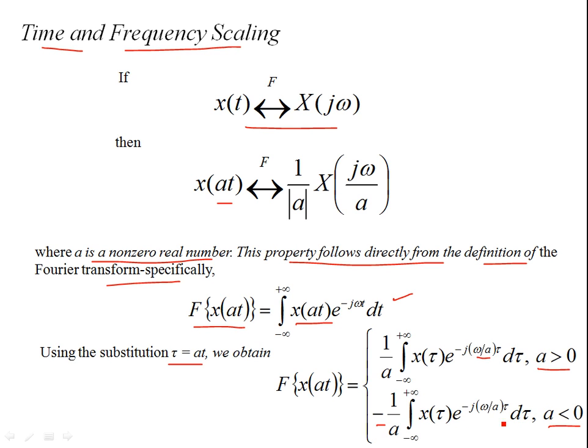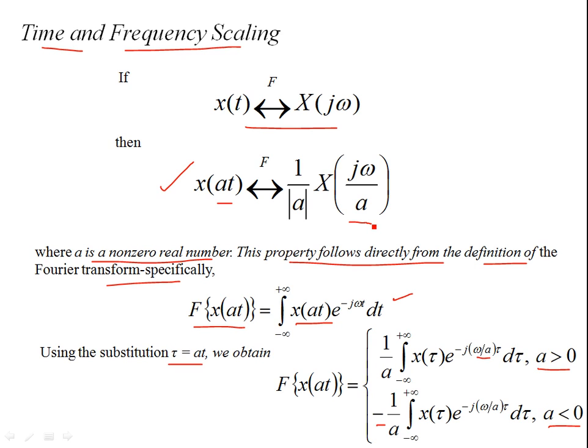But in both these scenarios, this is the result, the Fourier pair. If you scale the time by some real number, then the frequency has to be rescaled. It either expands or decreases.